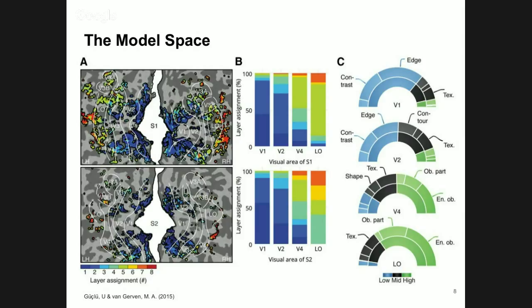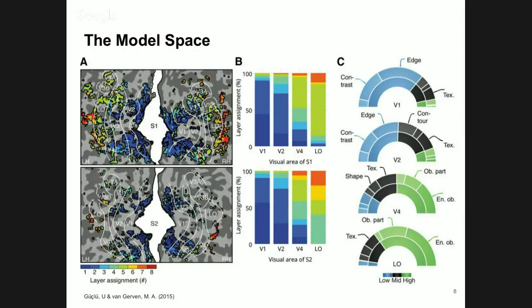In V1, it contains more low-level features like edge, contrast, and fewer high-level features. In V2, it has more mid-level features like the contour. And in LO, it contains a lot of high-level features, such as object parts or the entire object. This is done by analyzing the voxels or the features using Amazon Mechanical Turk.